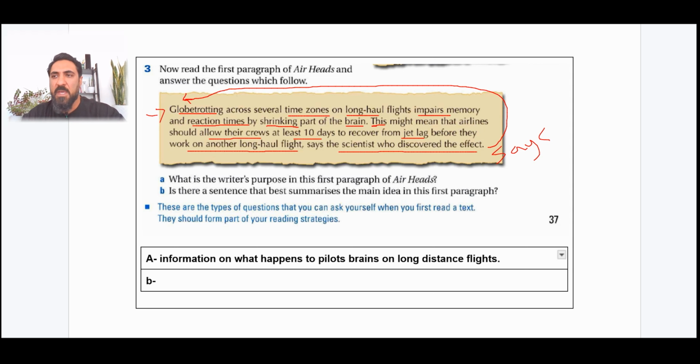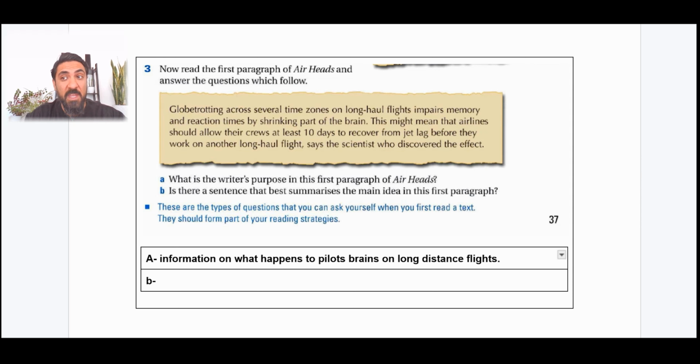That's it. And B could be, is there a sentence that best summarizes the main idea in the first paragraph? So you could say that the first sentence, globetrotting across several time zones impairs memory and reaction times. This is a good main idea.